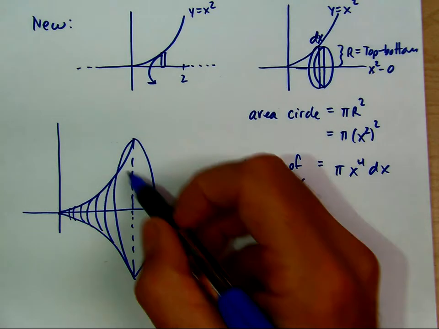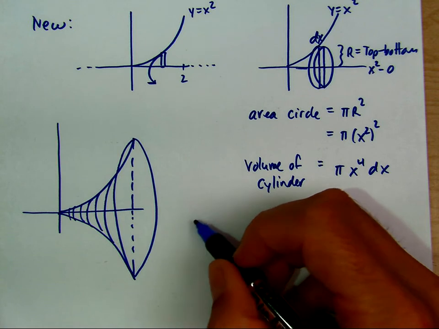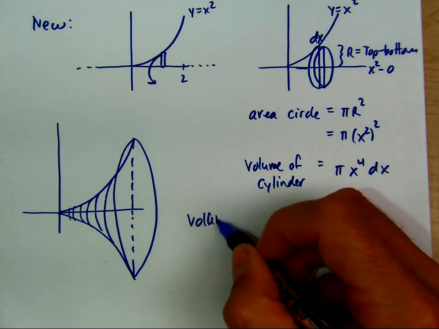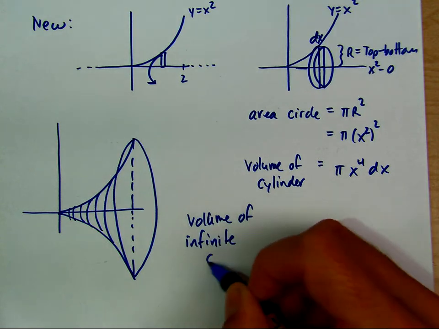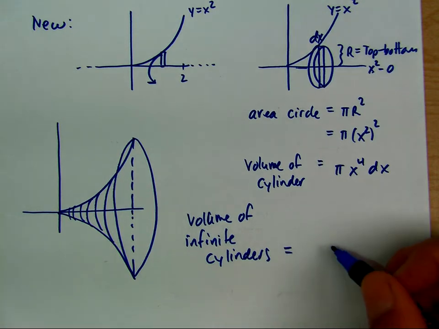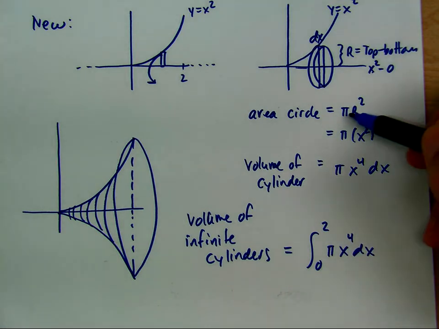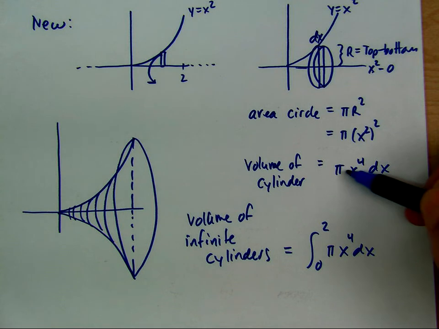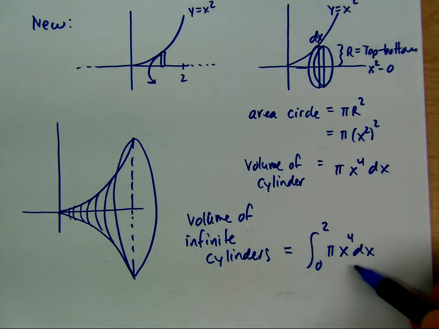To find the volume of the whole thing, we just look at the volume of infinite cylinders. That's going to be the integral from 0 to 2 of pi x to the 4th dx. So we get the area of a circle multiplied by the differential, that gives us the volume of a cylinder, and then this integral is adding up an infinite number of those cylinders.